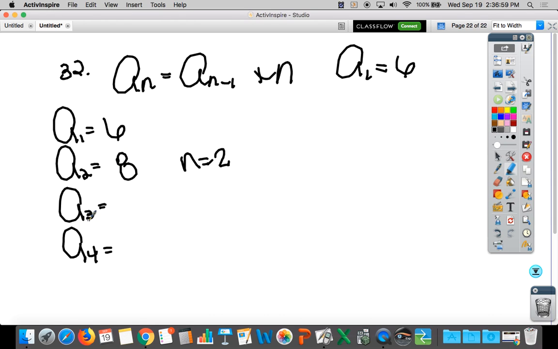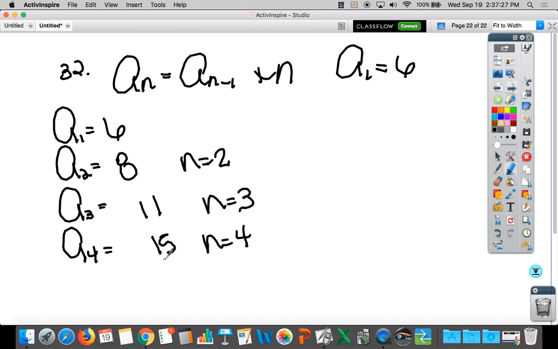So the third term, your n is 3. You're going to take the previous term, that's what recursive means, add your n. My previous term is 8, add 3, and I get 11. A sub 4, my n is 4, take the previous term, 11, add the n, it's 15.